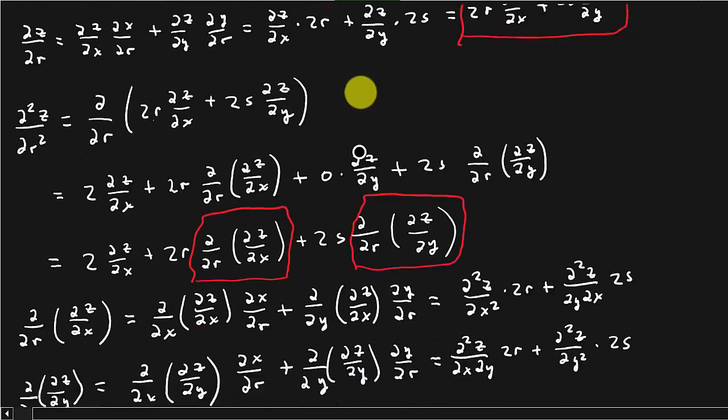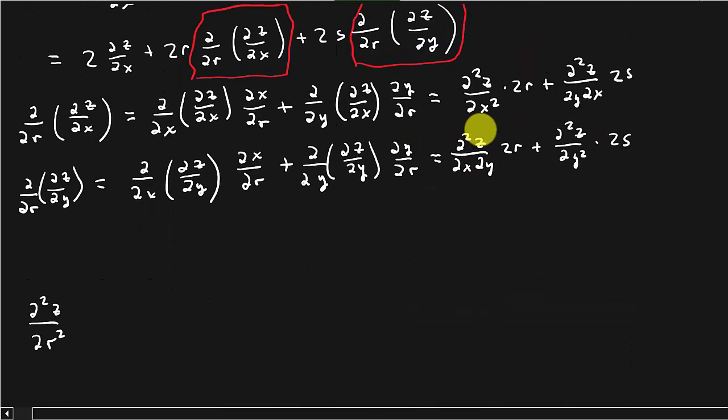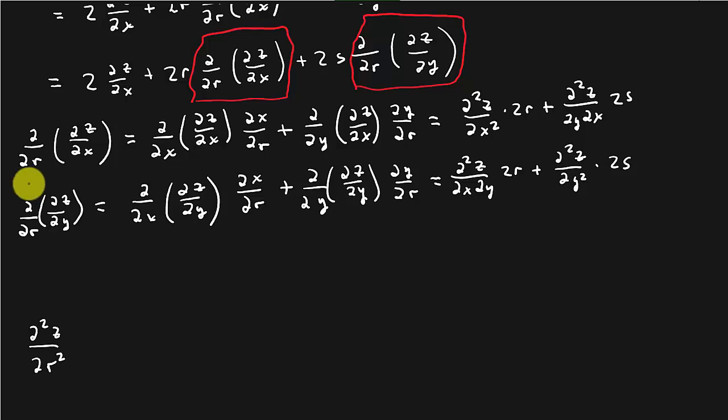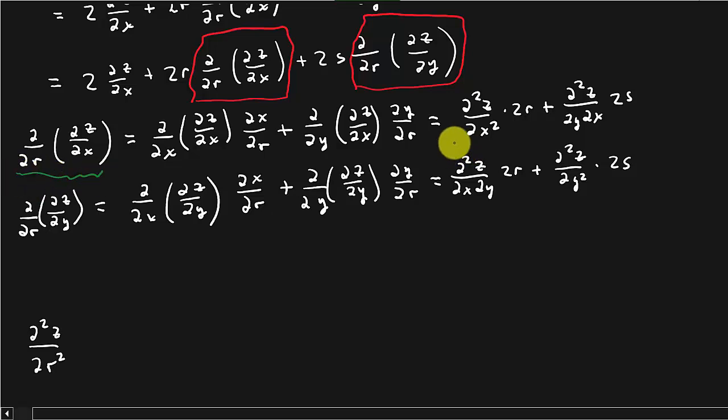Okay. So what we can do now is, okay, we're good right there. You see this right here, we calculated that right there. And this right here, we calculated right here. See, we're going to take this and plug it into here and here. All right.